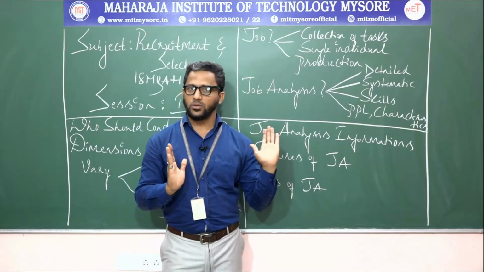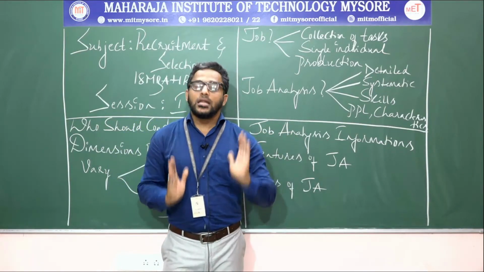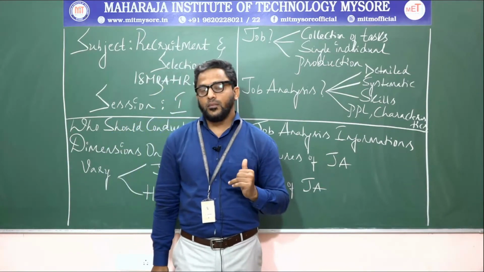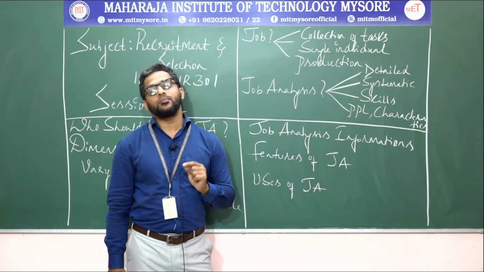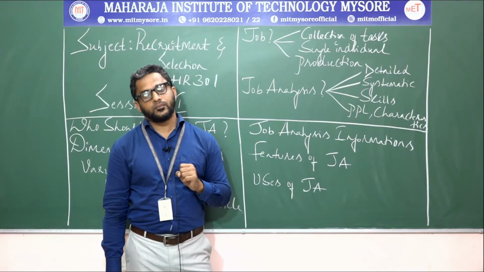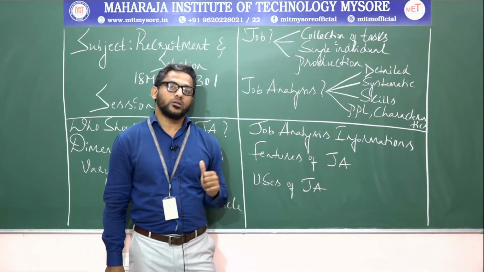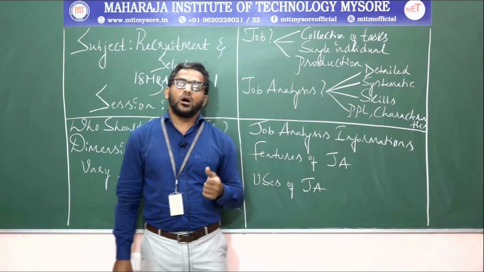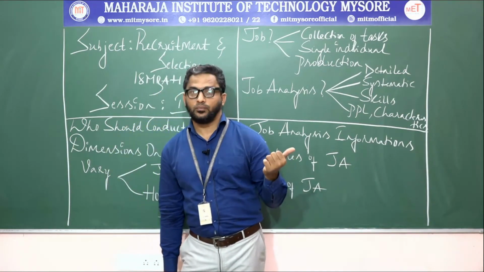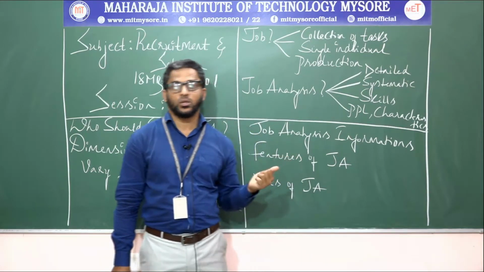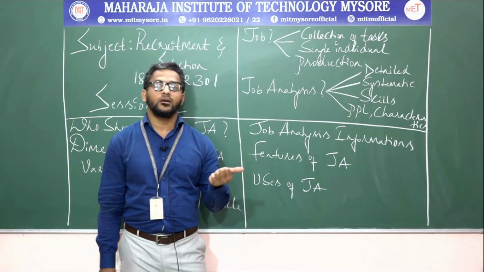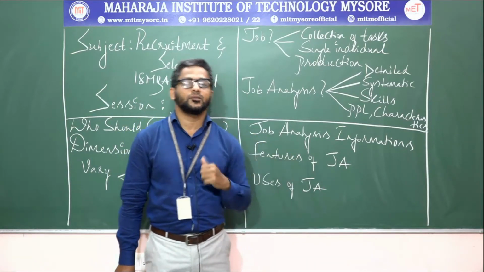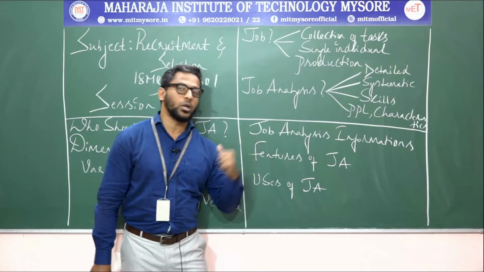Whatever information is required for job analysis, the next one is what the typical worker does there. What will an employee do? To perform that particular job, I have to specify the location, the time, the safety aspect, the hazardous aspect, and the working condition aspect.